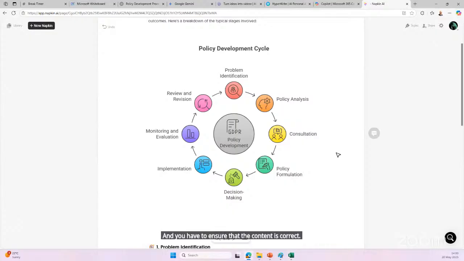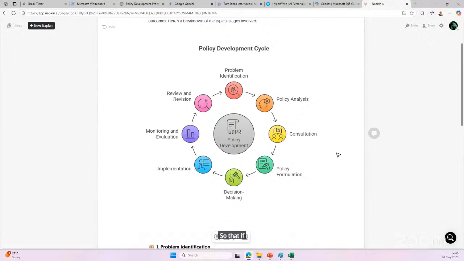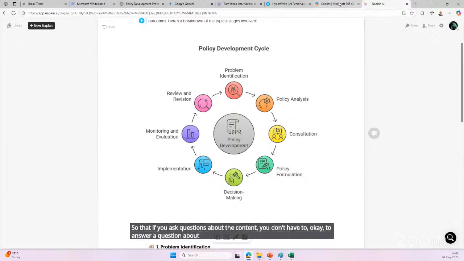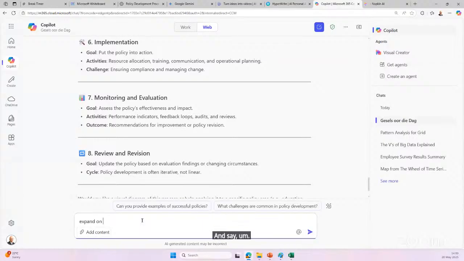And not only is the content correct, you're also going to have to ensure that you understand the content, so that if you are asked a question about problem identification, you don't suddenly have to open up your Copilot and say, expand on problem identification for me, so I can answer typical questions.